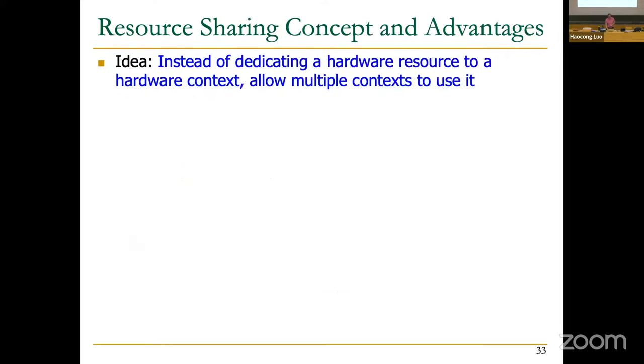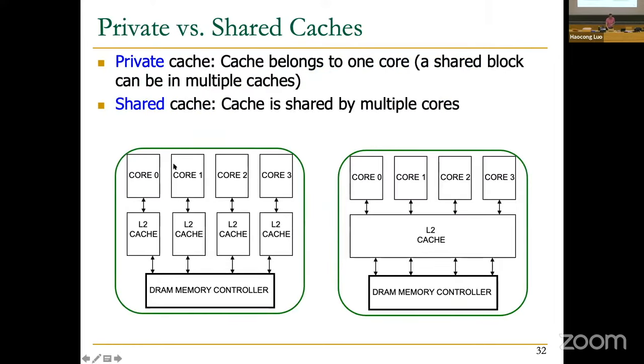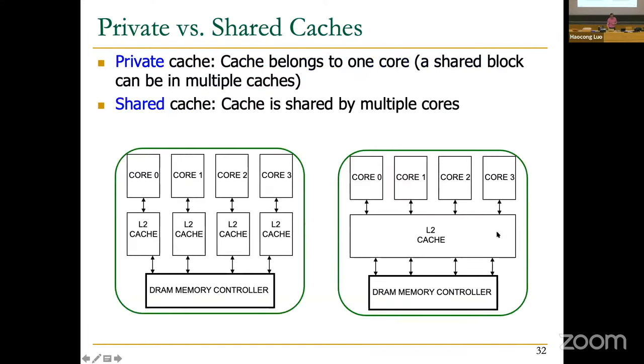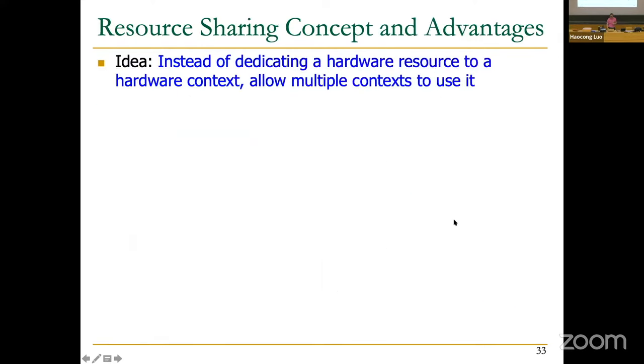Okay, so basically, this is the concept of resource sharing. If you look at the private caches over here, you're dedicating the cache to the core, and each core has an L2 cache associated with it. But if you look at this other shared cache, you're sharing the resource. Instead of dedicating a hardware resource to a hardware context, we allow multiple hardware contexts to use it.